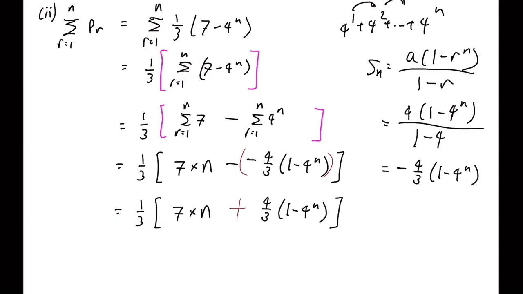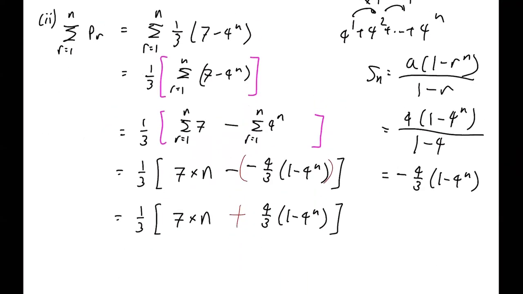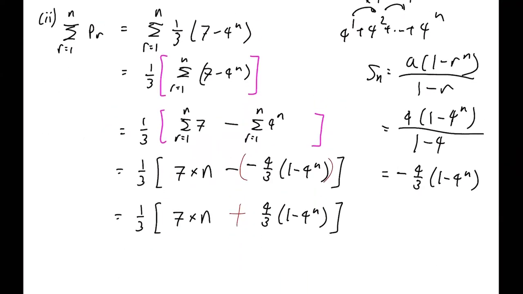Which means that you can, let me read the question again. Okay, you can simplify a bit more. There's no need to simplify, but I guess I can multiply the 1/3 inside. So 7 over 3 n, add on 4 over 3 times 3 is 9, times 1 minus 4 power n. Okay.